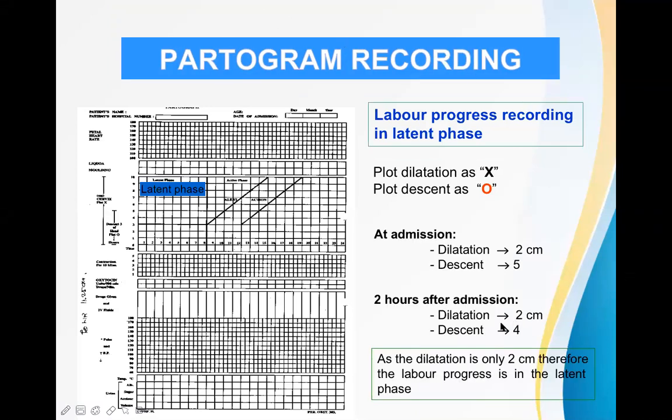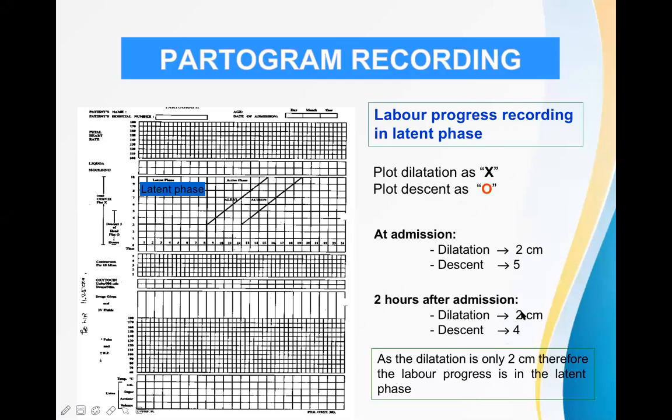So we're talking about the progress of the labor and what type of recording we do during the labor. So this is the labor progress recording in latent phase of the first stage. This is the way how dilation is plotted, and this is the way how descent is plotted. There is one example which is given here. The dilation at the time of admission is 2 centimeter and descent is 5 centimeter.